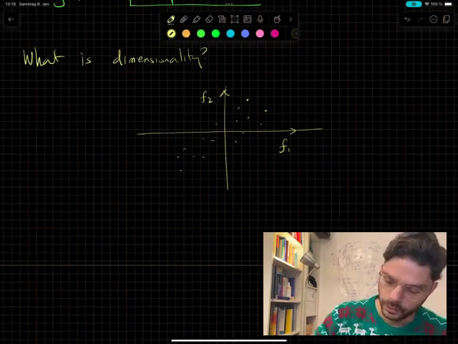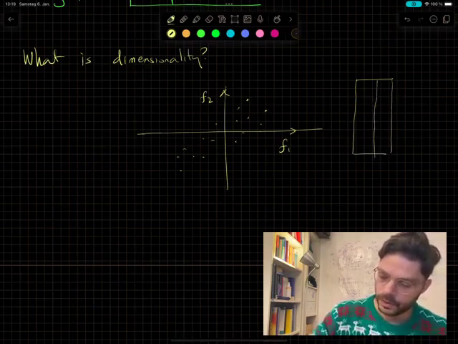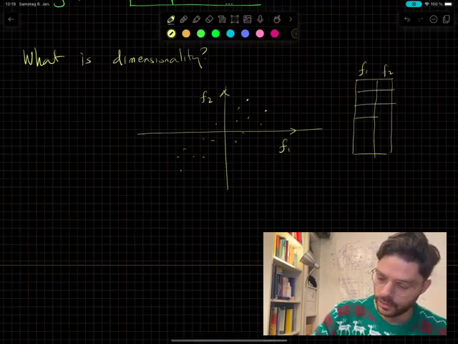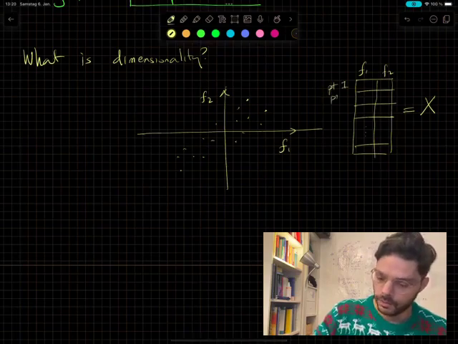This data set would usually come in some kind of a table, right? This is F1, this is F2. This is our data set, with point 1, point 2, all these various points, and we've just plotted them now in 2D.